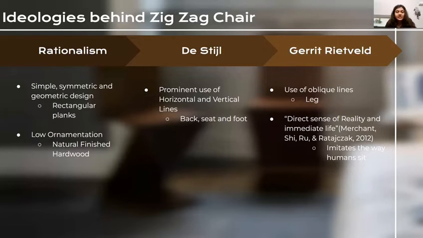Horizontal and vertical lines are evident in how the back, the seat, and the foot of the chair are placed. An oblique line can be seen in the way the leg is fixed to the foot and the seat of the chair. He believed in a direct sense of reality and immediate life, which led him to design the most basic imitated version of the way humans sit.